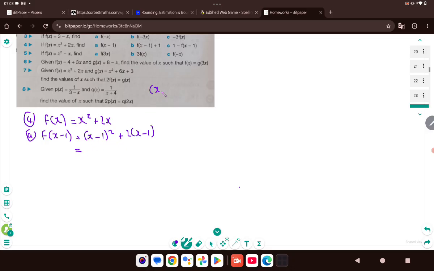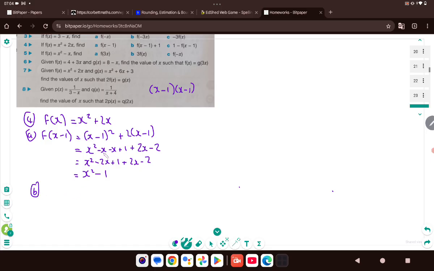It means x minus 1 times x minus 1, which will give you x squared minus 2x plus 1. And then expand my second bracket, 2x minus 2. So it gives me x squared minus 2x plus 1, add 2x minus 2. Collect your like terms, minus 2x plus 2x is 0. 1 minus 2 is negative 1.